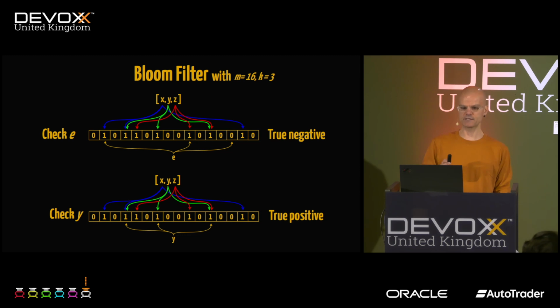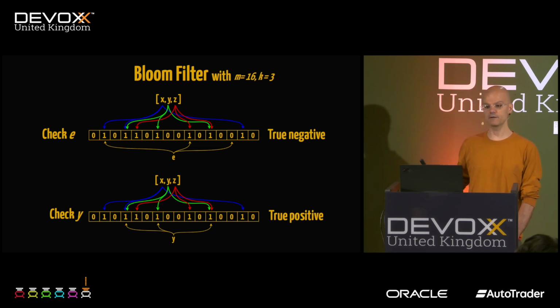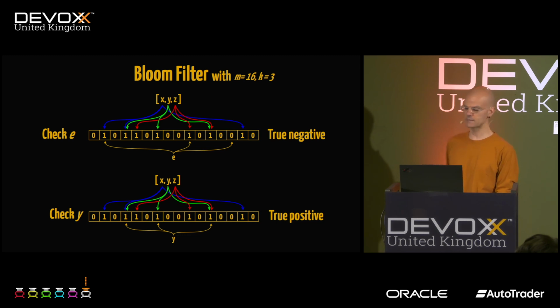In this case, the first hash function applied to e gives us a value of 1, so the second location in the array. We check the bit is set, okay. Then we check the second bit and it is set. The third bit is not set, because as you can see, the third one points to a 0.